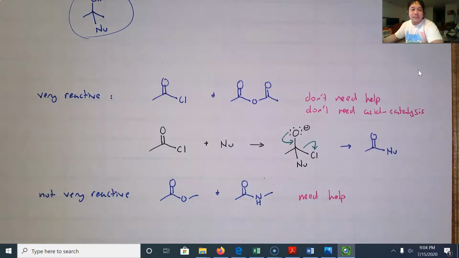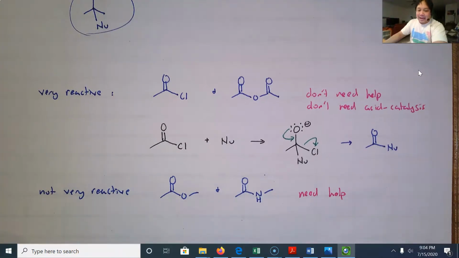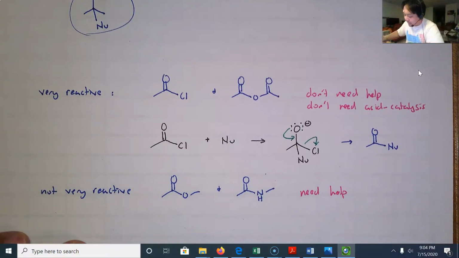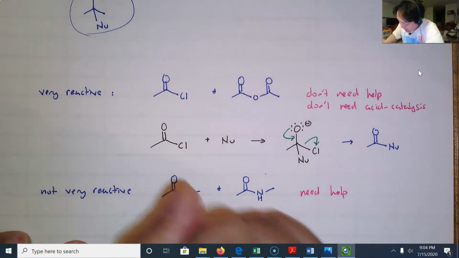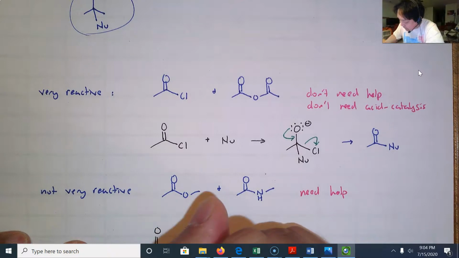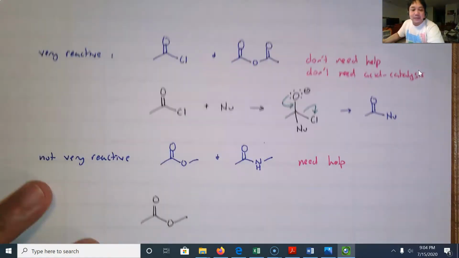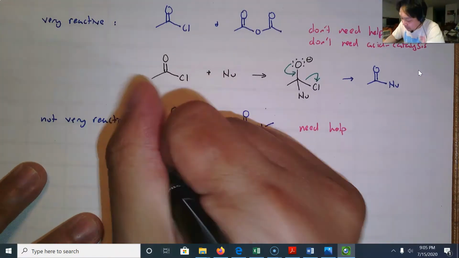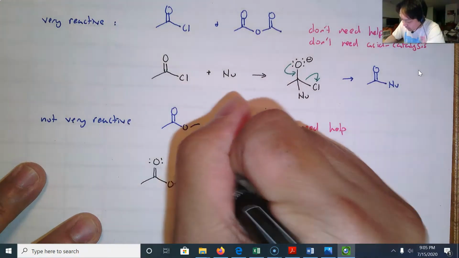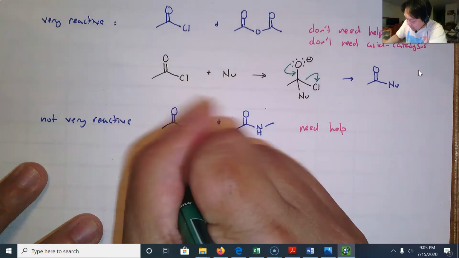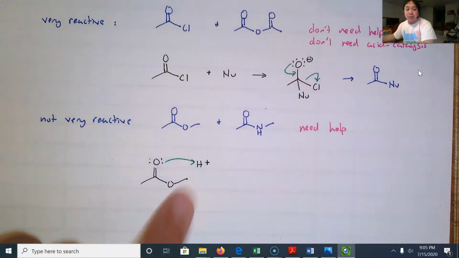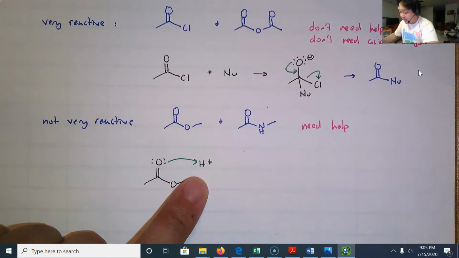And that help comes typically in the form of acid. Let's take an ester. Sometimes it could come in the form of a base, but for the most part, we'll do acid. Okay. So here's your ester, and you're going to protonate it first. I'm going to use a generic H+. Normally, I don't like doing that, but it could be acidic water, it could be sulfuric acid.